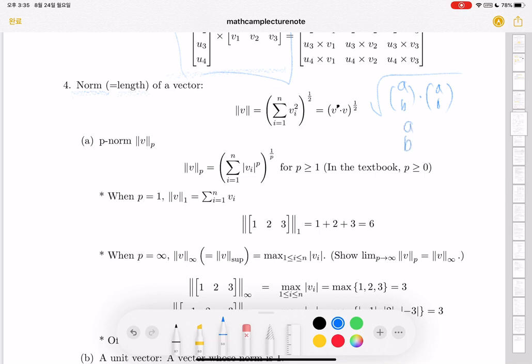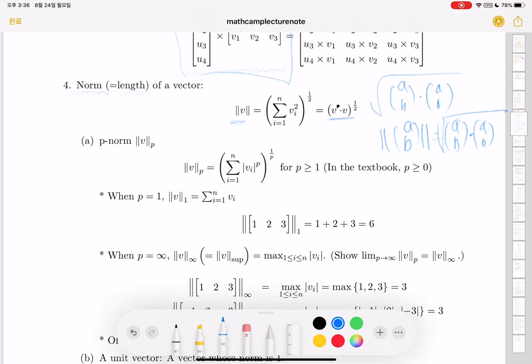The double vertical line bracket means the length of a vector, or the norm of a vector. It means that, like this, the square root of the inner product of (A, B) with itself.